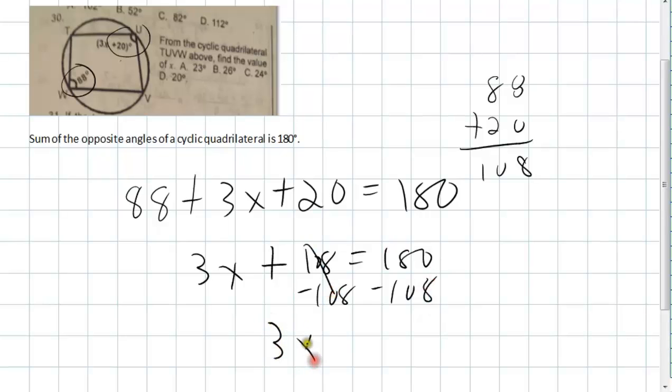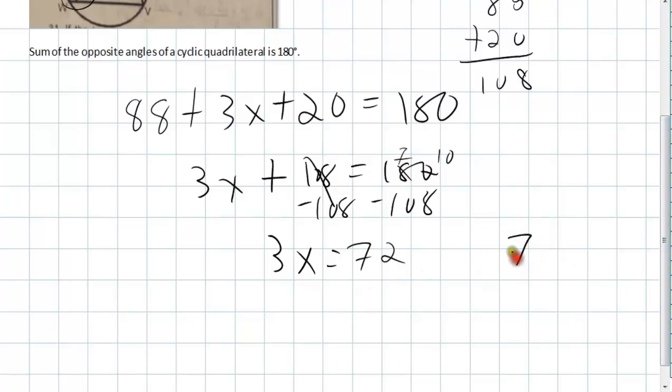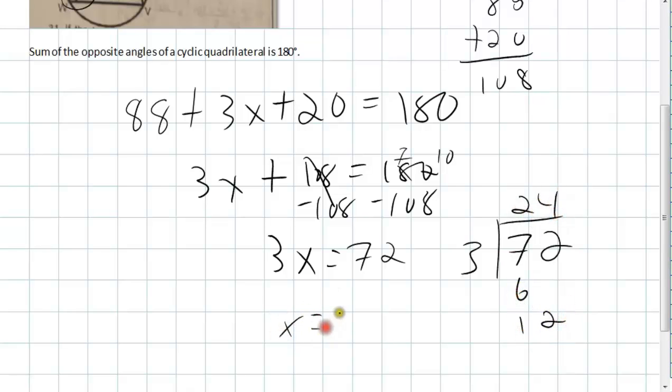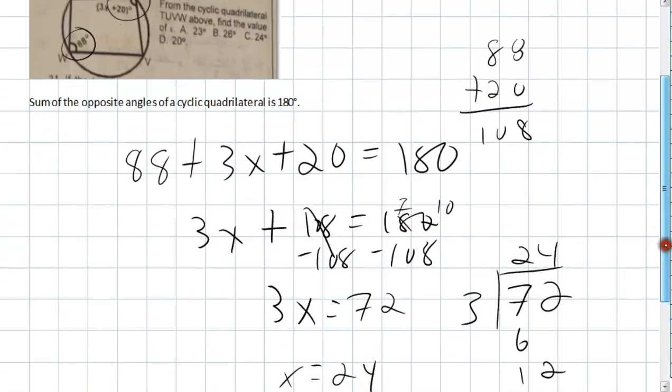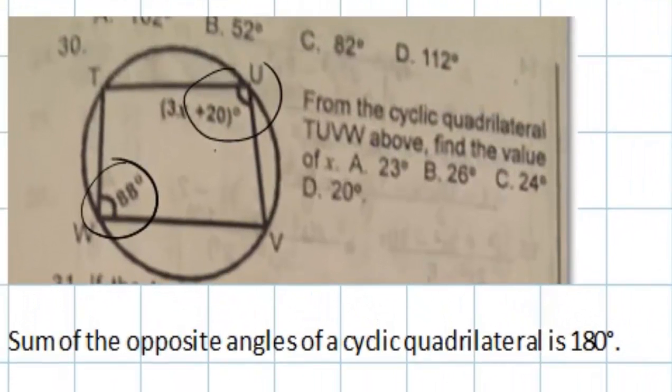I'm going to get 3x is equal to 72. So 3x is equal to 72, and so we're just going to divide 72 by 3, and we're going to get 24. So x is equal to 24 degrees.